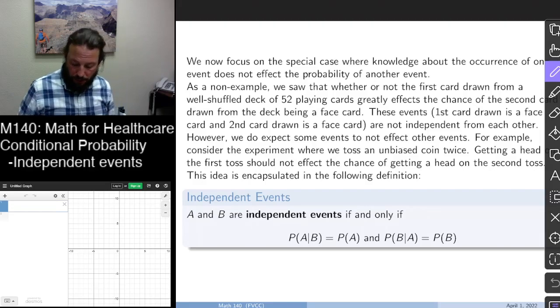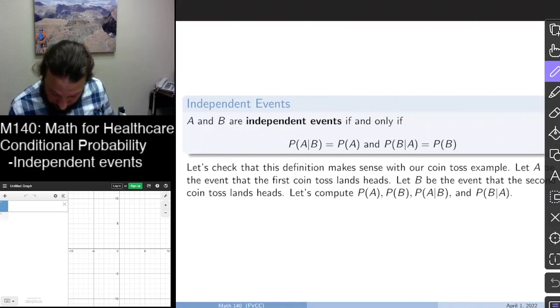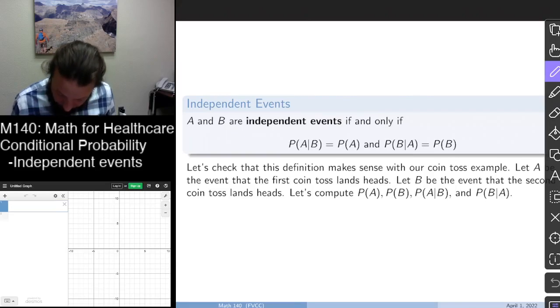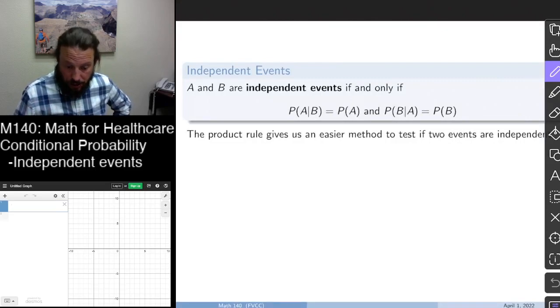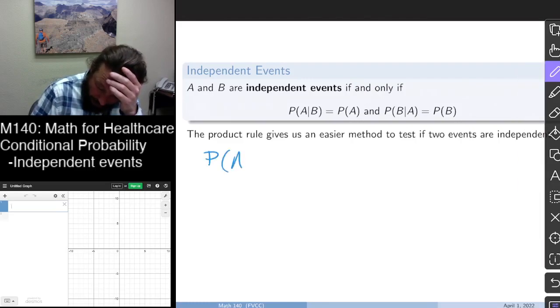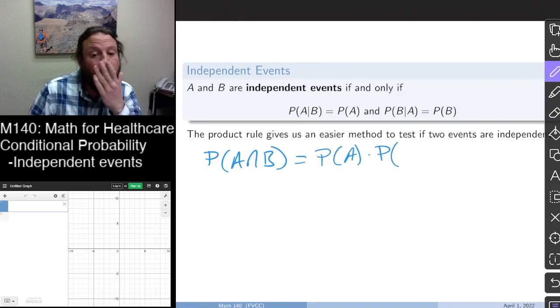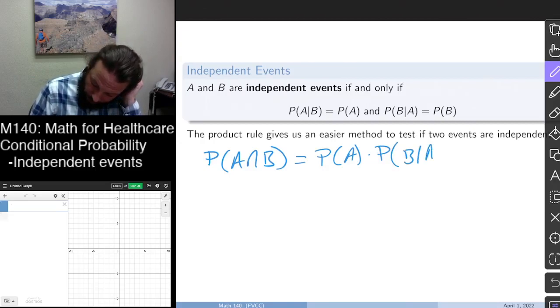Now that's our definition. If we're asked to test whether 2 events are independent, we want to use the product rule. And remember that for conditional probabilities, we saw before that the probability of A intersect B equals the probability of A times the probability of B given A. Okay.